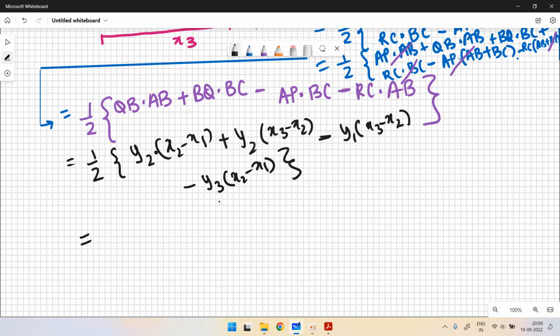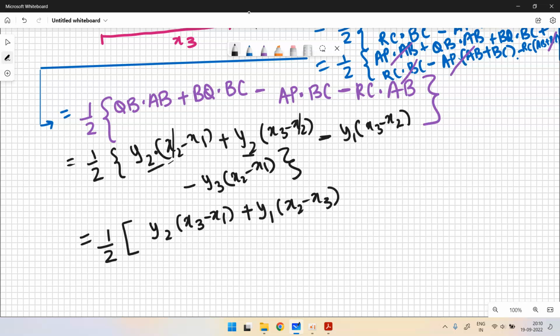You see here this y2 and y2 is common. And this is x2 minus x1 and x3 minus x2, so this x2 and this x2 get cancelled. So ultimately it becomes half y2 into x3 minus x1. If I take plus y1, inside will be x2 minus x3. If I take y3, inside will become x1 minus x2.